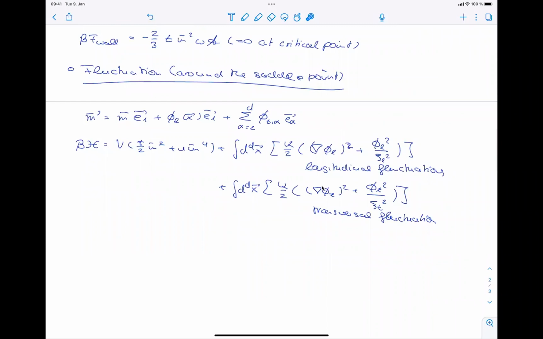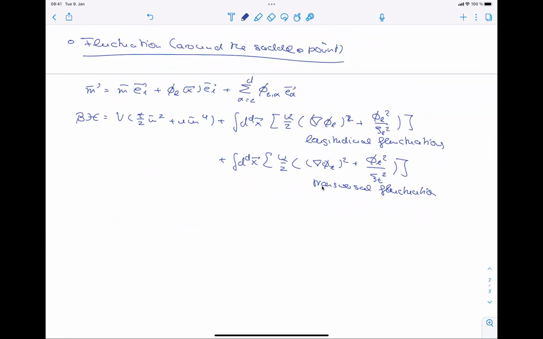And what was interesting was to look at the values of these stiffnesses, so k over psi l squared. It should be squared, right? It is proportional to t, both for t smaller and bigger than the critical point for the longitudinal modes, but for the transversal modes, we find that the stiffness vanishes below the critical temperature.